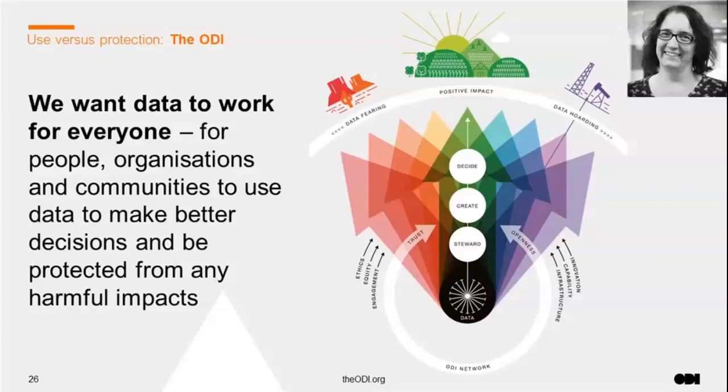And we therefore try and work towards more openness with data, and more trust building and more trustworthy uses of data in order to get this best positive impact out of its use.